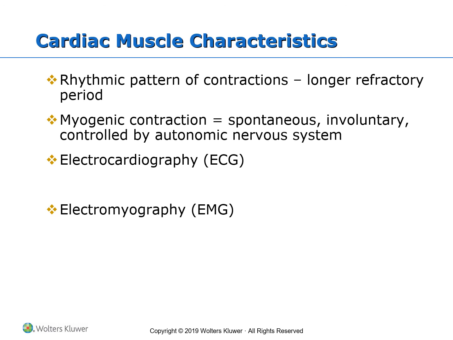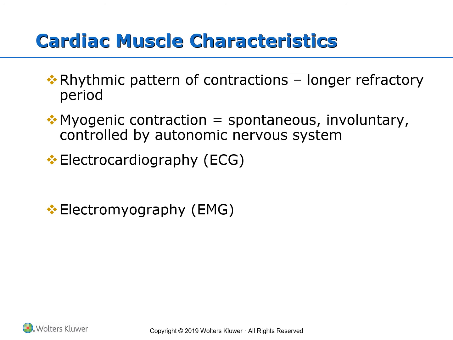For the cardiac muscle contraction characteristics, they have a rhythmic pattern of contraction with a longer refractory period. The cardiac muscle will have a myogenic type of contraction that is spontaneous, involuntary, however controlled by the autonomic nervous system. We'll discuss that in future chapters.